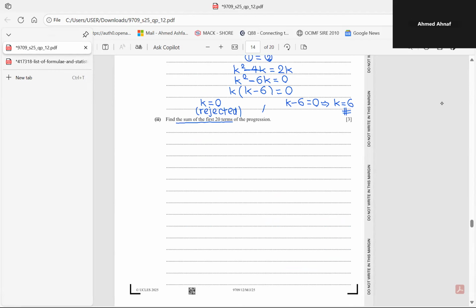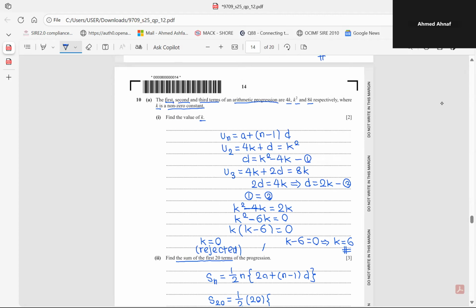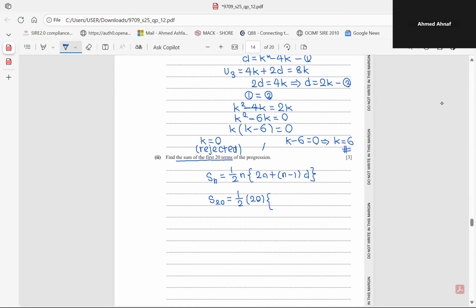So let's write it down as Sn equals half n times 2a plus n minus 1 d. Hence, we can substitute n equals 20. So S20 equals half times 20 times 2a. So a is equal to 4k. So 2 times 4k, that's 8k.